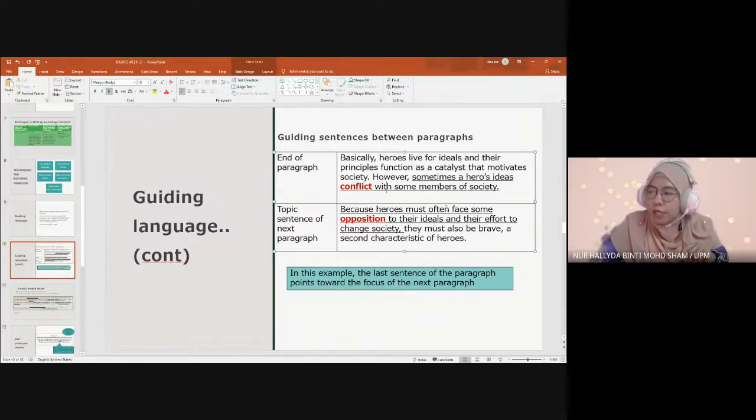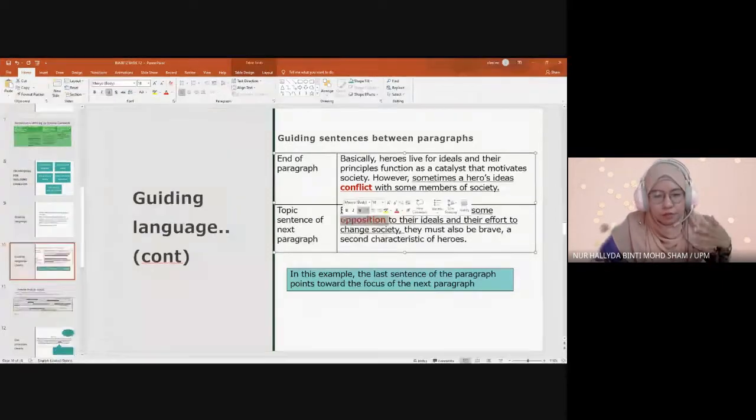Because heroes must often face some opposition to their ideals and their effort to change society, they must also be brave, a second characteristic of heroes. Okay, now in the first paragraph, the last sentence you said, however, sometimes heroes' ideas conflict with some members. And in the next paragraph you say because of this, because they face opposition.